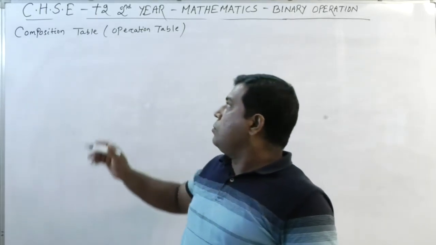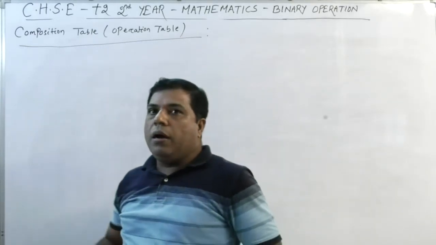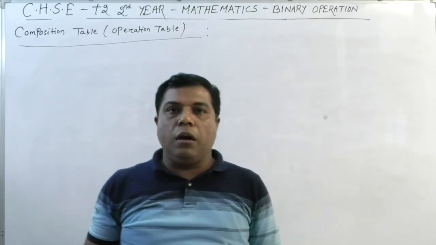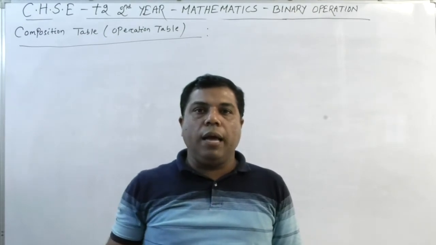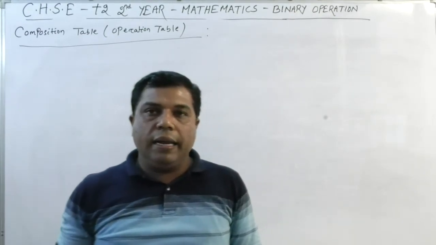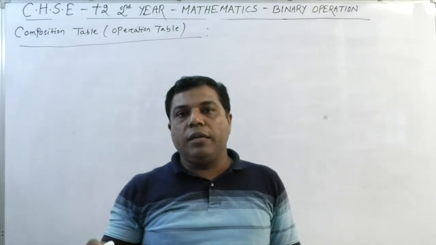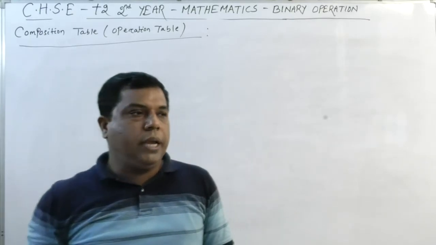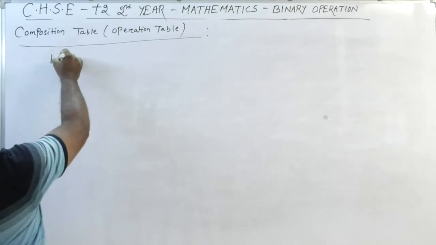This is a table, or a representation, to find out all possible operations of a particular set with a particular operation mentioned, and it is helpful if the set contains a small number of elements. Okay, so I am writing it. Later we will go for an example.